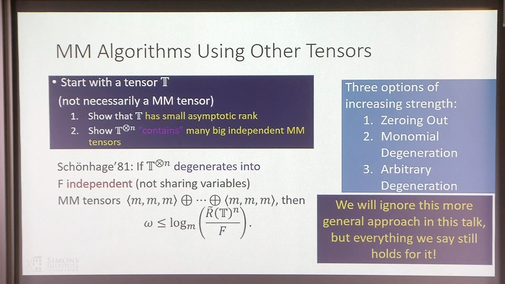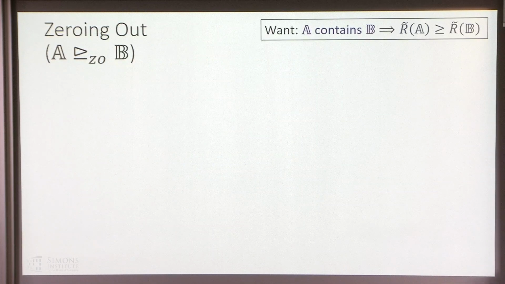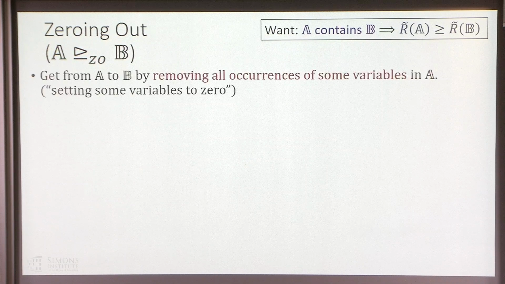Okay, so forget about this, and now let's define zeroing out. So let's say I take a tensor A and a tensor B, and I'll define what it means that B is a zeroing out of A. So B is a zeroing out of A if you can get B by removing all occurrences of some variables in A. So you just set them to 0.